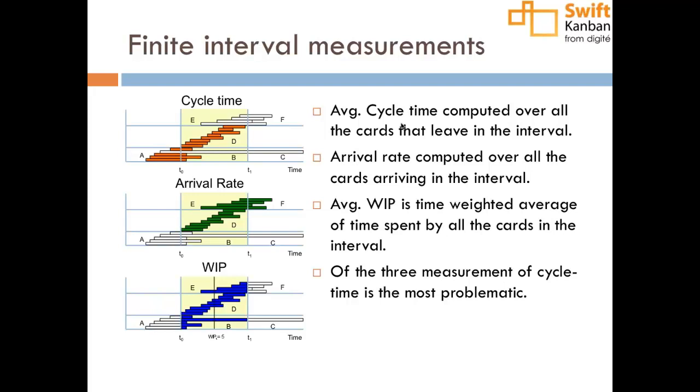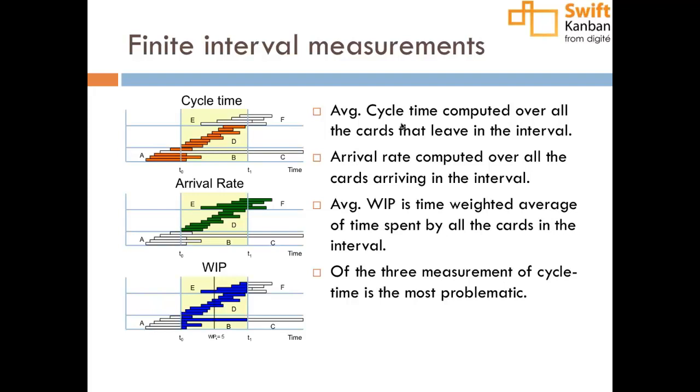The average WIP is a somewhat more complex calculation, and really, if you look at the WIP at any given time, WIP is a point in time measure, which means that the black line in the middle is the time t at which the WIP is 5.